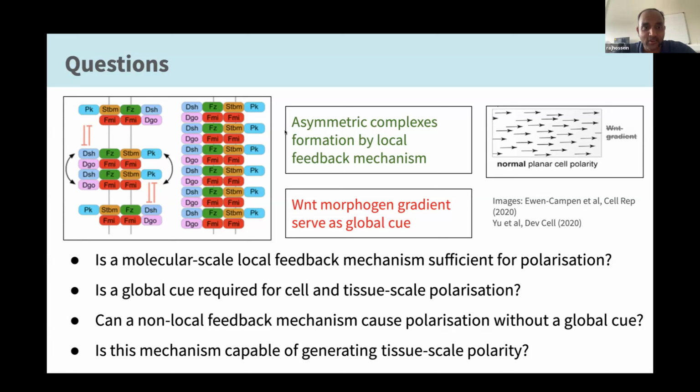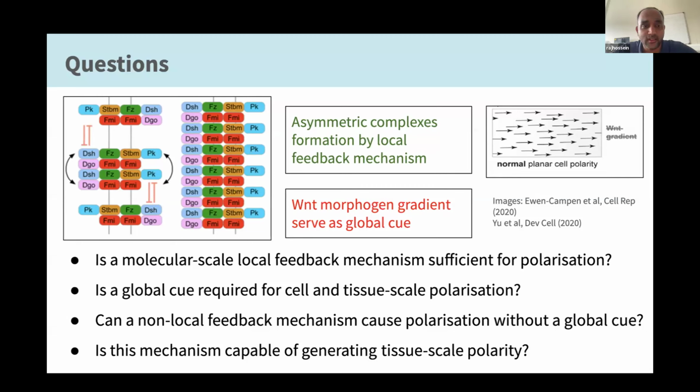Before going to that, I'll talk about the earlier studies where these molecules form complexes, and the complexes with the same orientation are stabilized, and complexes with different orientation destabilize each other. With these assumptions, one can get sorting of complexes at the local level, on the junction. But to get the polarity at the cellular level or the tissue level, this is not sufficient.